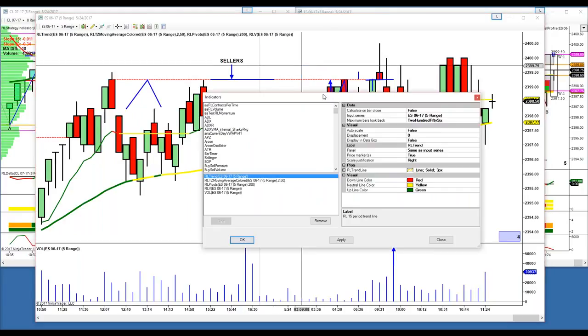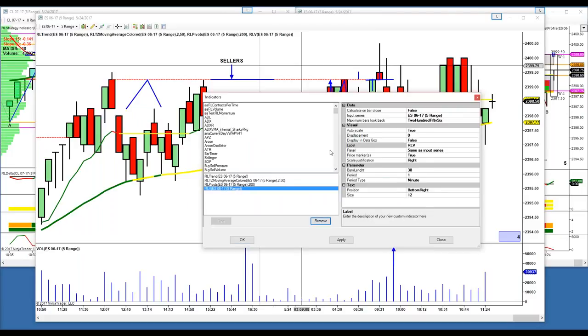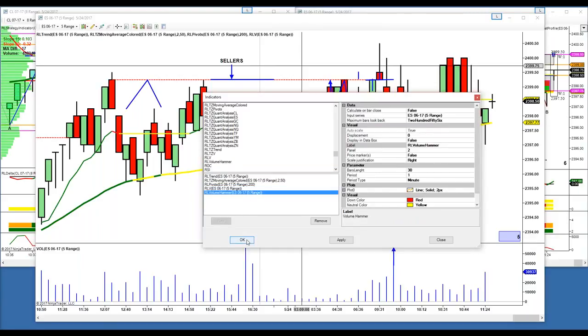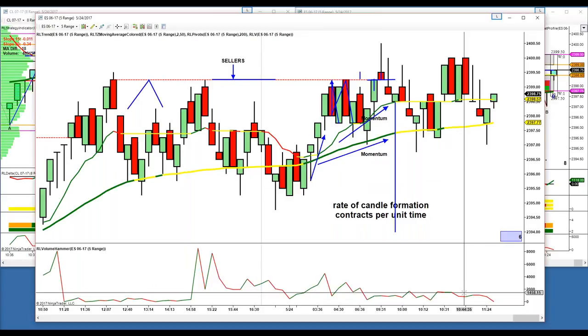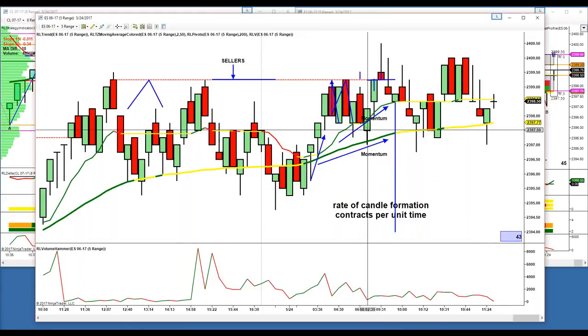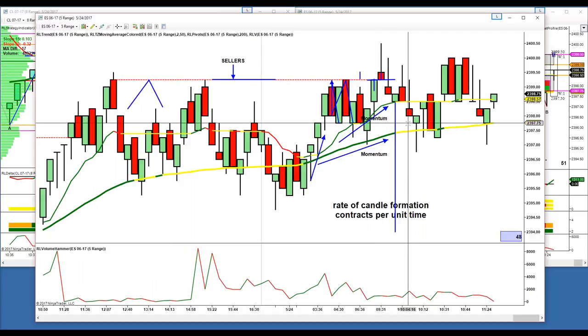And then, in order to help us do a look back, we take off this useless volume indicator and we put in our volume hammer. And that's one of our newer indicators. Now, with the volume hammer, you can do a look back, because it doesn't matter if you're on a 5 range, a time, a tick, or a Renko.